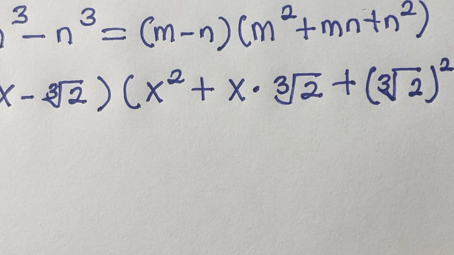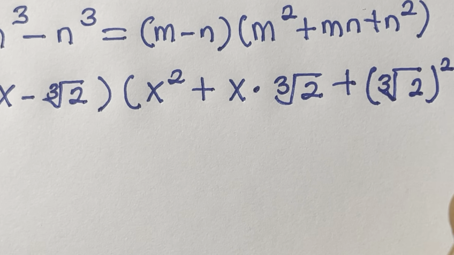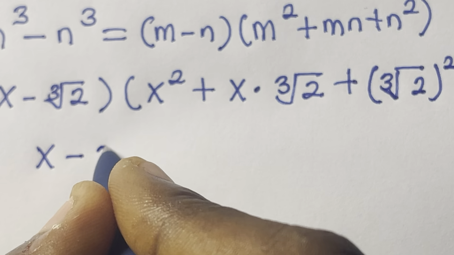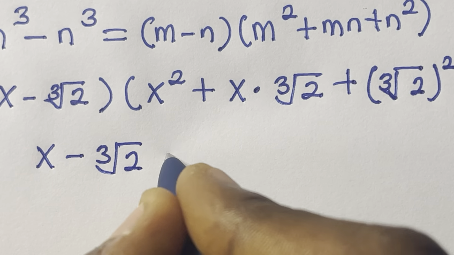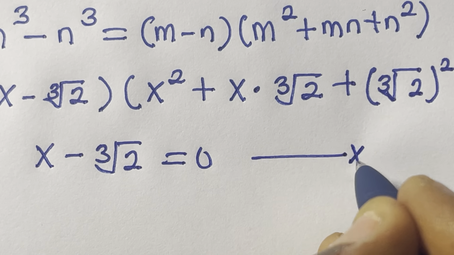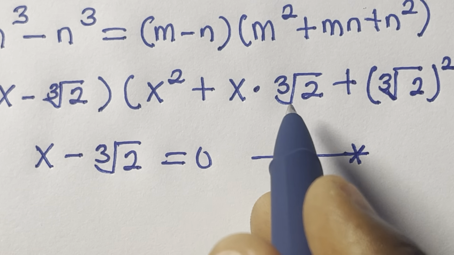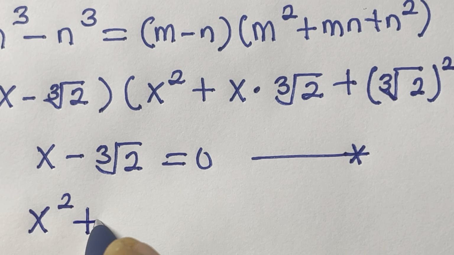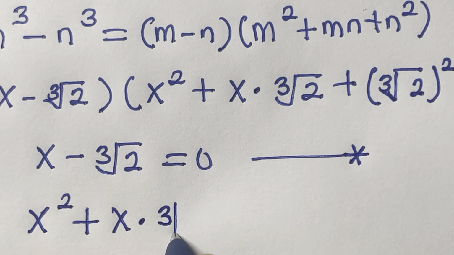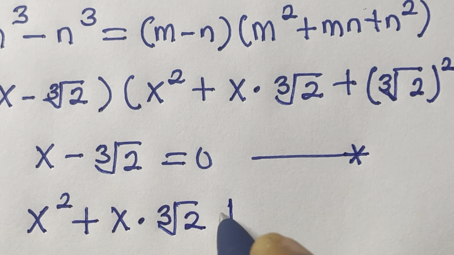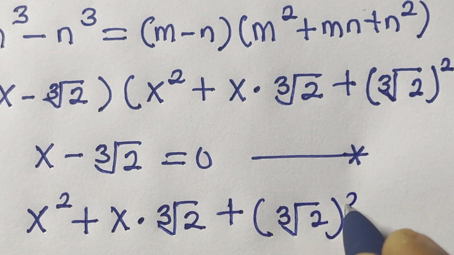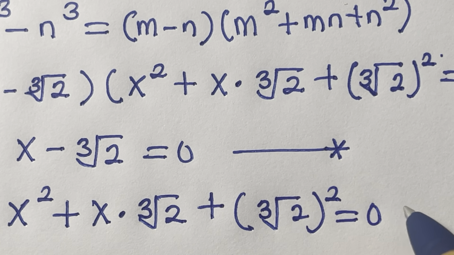So what we are going to have is this equals 0 and this equals 0. So we have x minus cube root of 2 equals 0. Let's name that equation star. Then we will have x squared plus x times cube root of 2 plus cube root of 2 raised to the power 2 equals 0. Let's name that equation star star.